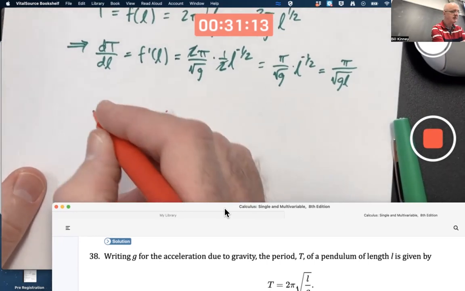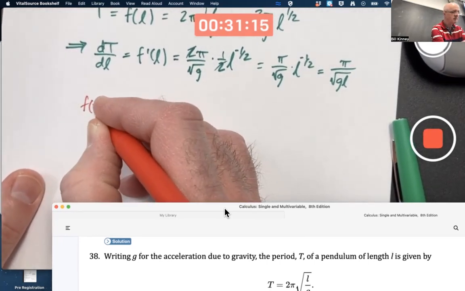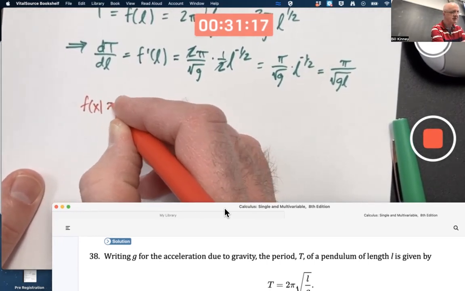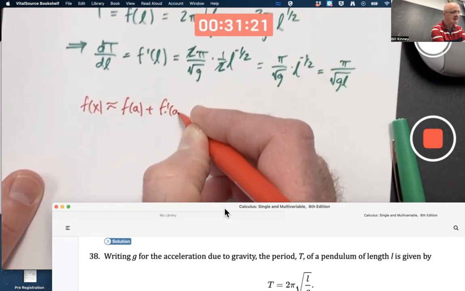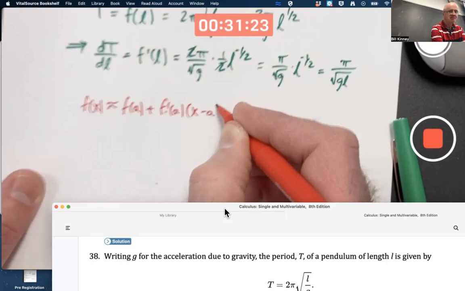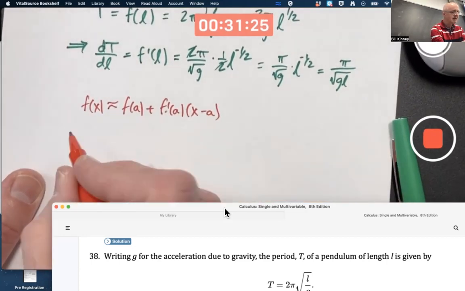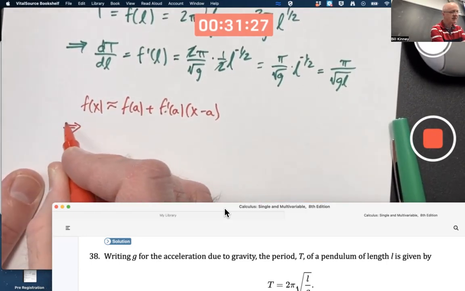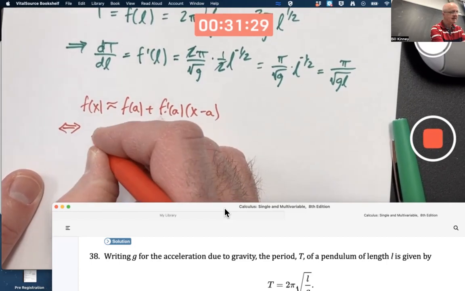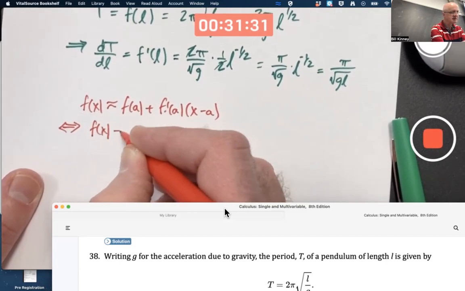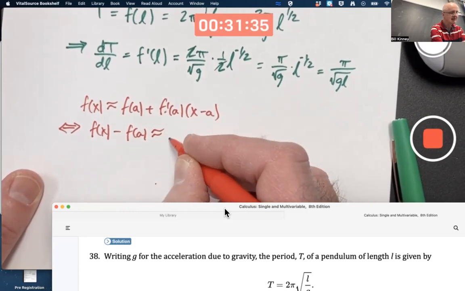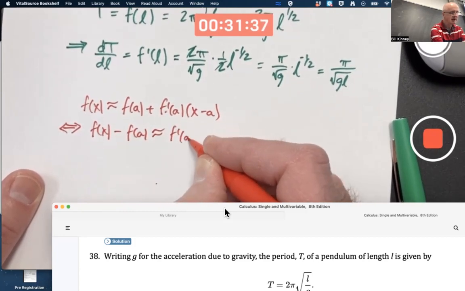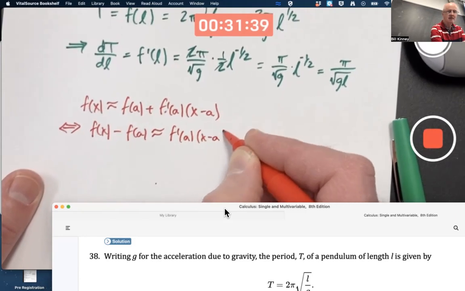So back 20 minutes ago, we wrote f of x is approximately f of a plus f prime of a times x minus a. If you subtract f of a from both sides, that approximate equation is equivalent to this one: f of x minus f of a is approximately f prime of a times x minus a.